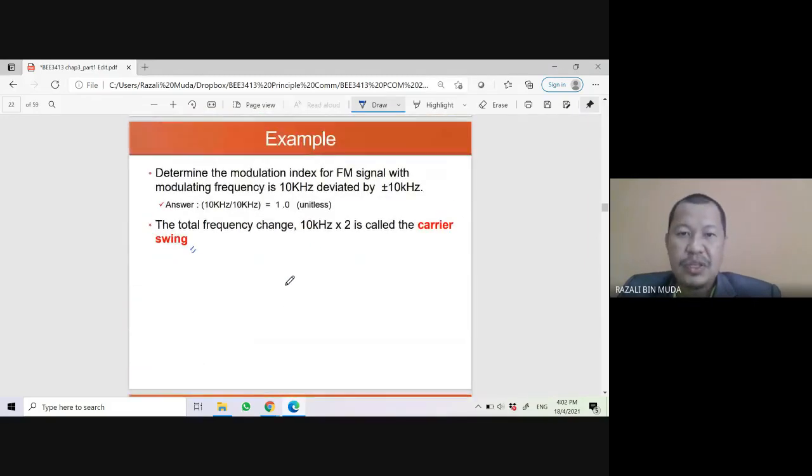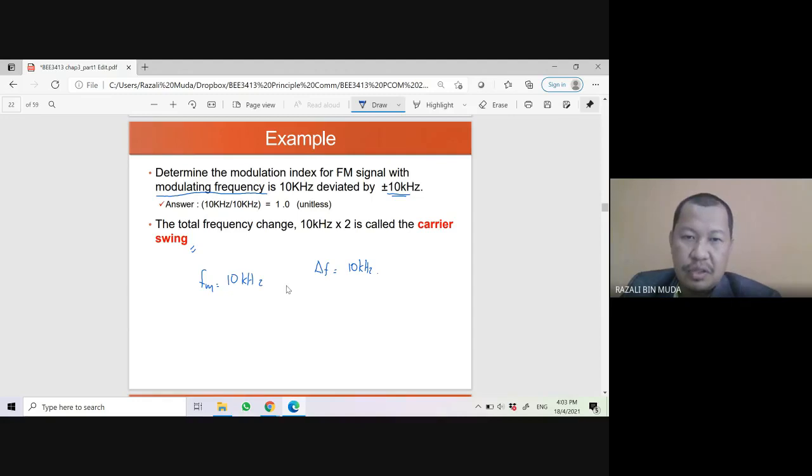Example, using the previously discussed equation, determine the modulation index of an FM signal with modulating frequency Fm of 10 kHz. Deviation is plus minus 10 kHz, so delta F is 10 kHz.